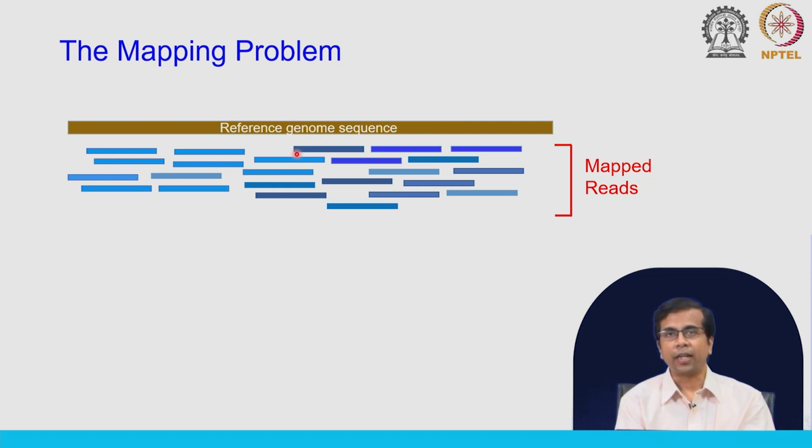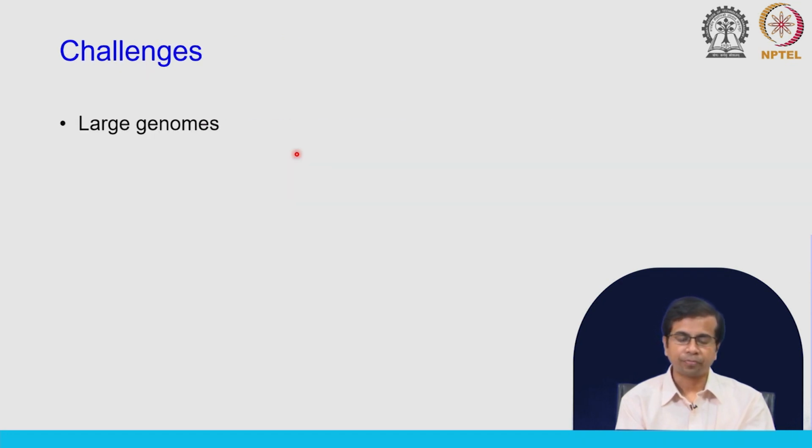So, what are the major challenges here? The first challenge is that we work with large genomes. Most of the data that you will see, for example, for the human genome, will be huge. This is like 3 into 10 to the power 9 bases. If you work with plants or mammalian genomes, these are really big genomes.